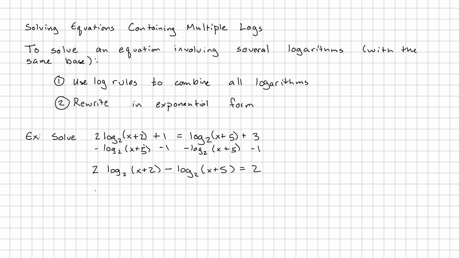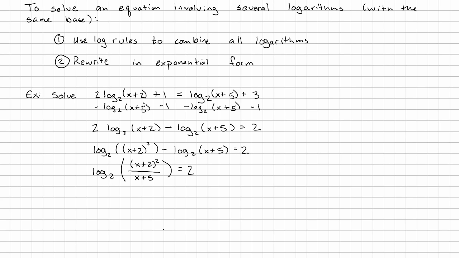Now we combine all these logs on the left, first dealing with the multiplication, and then dealing with the subtraction. So that's step 1 finished. All of our logs are combined into a single logarithm.